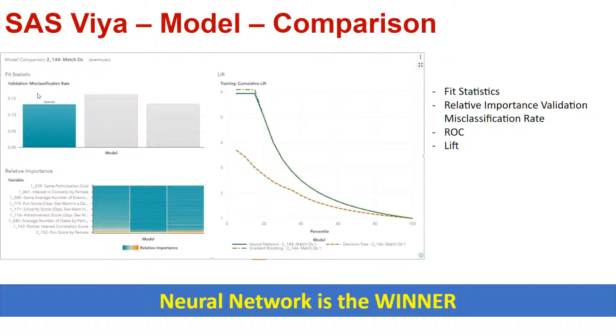Our misclassification rate was the lowest on the neural network. So the comparison made that model the winner, because it has the lowest misclassification rate, and it also had realistic variable importance. Based on the true positive, true negative, and the confusion matrix, that gave us the best model.